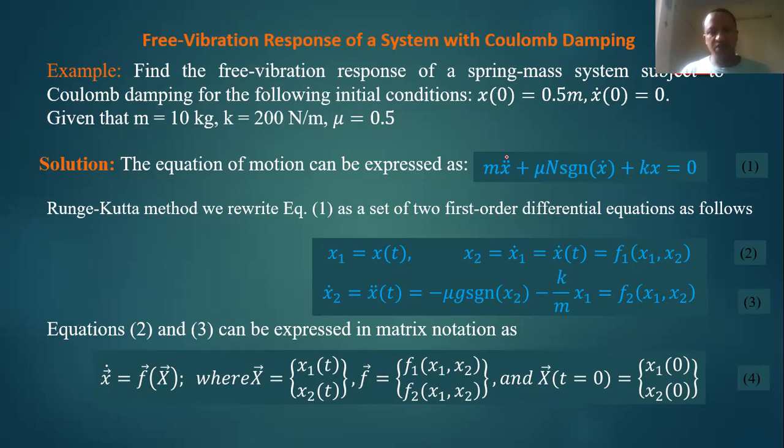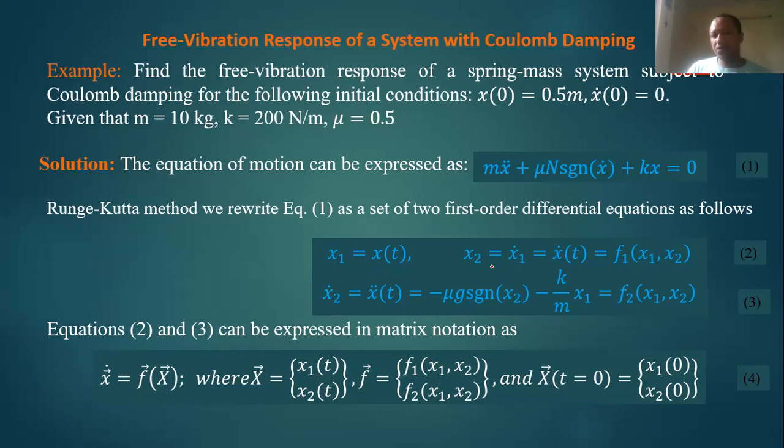So the equation of motion is this equation, as we have seen, and we apply the Runge-Kutta method. The Runge-Kutta method is an important method of solving ordinary differential equations in our mathematical calculation. So let x1 be equal to x of t, then x2 is equal to x1 dot.